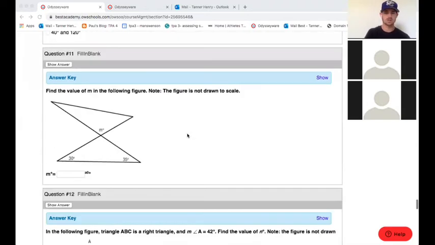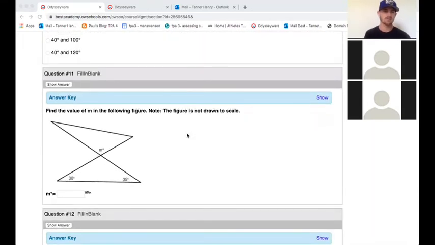Good, guys. Okay. So it says find the value of m in the following figure. Note the figure is not drawn to scale. What in the world could we do? What do you guys think? So it has to add up to 180, right? Yep. Okay, so if we add 30 plus 35, which equals 65, and then we subtract that from 180, that's 125.